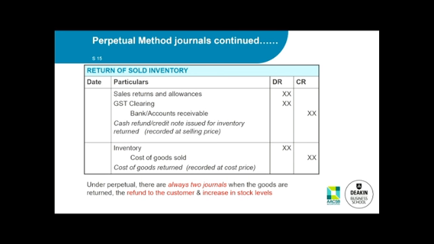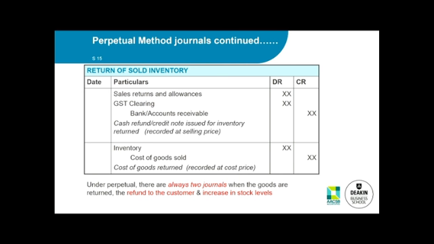Well, let's have a look. When the sold inventory is returned, we don't debit our sales revenue, right? Again, going back to that argument, we want to provide as much information as possible, so we create a negative or contra sales account, which we call sales returns and allowances, and we debit that.